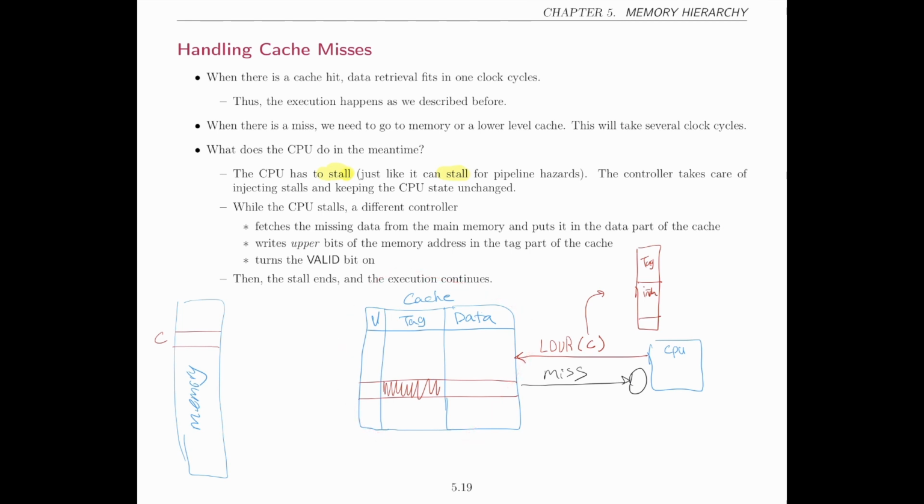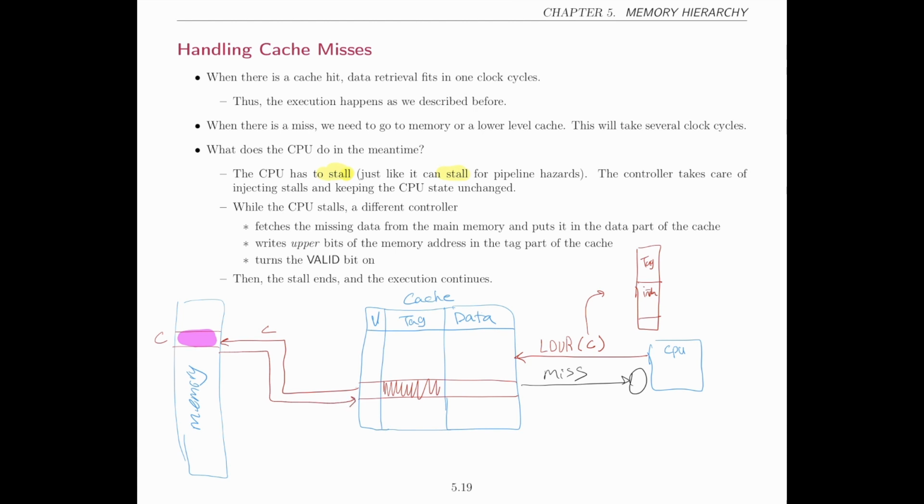When that controller takes over, what it does first is go to the memory, to the right address C. You're going to grab this data and bring it back to the cache. All the meanwhile, the CPU is stalled.